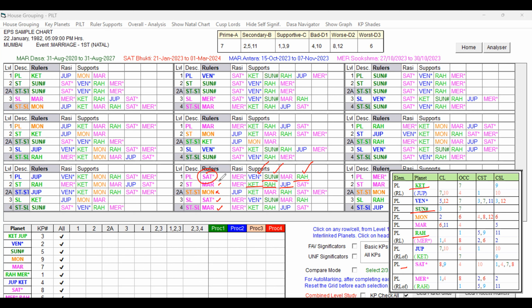So each destiny planet's rulers are either having favorable key planets on their own or unfavorable key planets on their own in their rulers, and also whether they have favorable key planets in supports at the planet level, star level, and sub level. So favorable key planets of the destiny and unfavorable key planets of the destiny we can find this way.